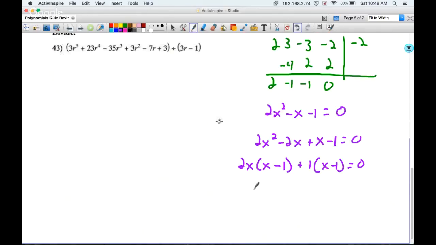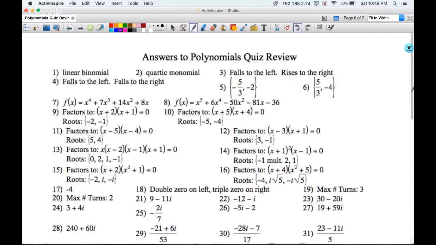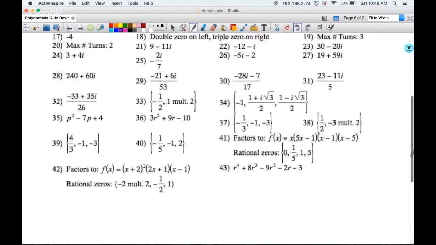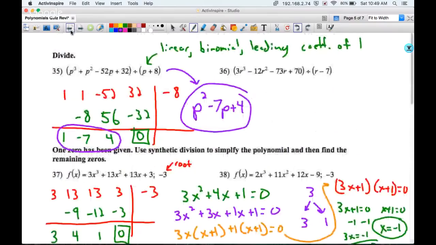So then we get (2x plus 1)(x minus 1) equals 0, x equals -1/2, x equals 1. Let's see: -1/2 and 1. Good. All right.